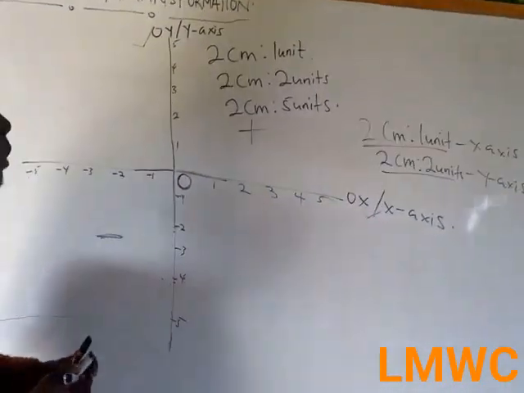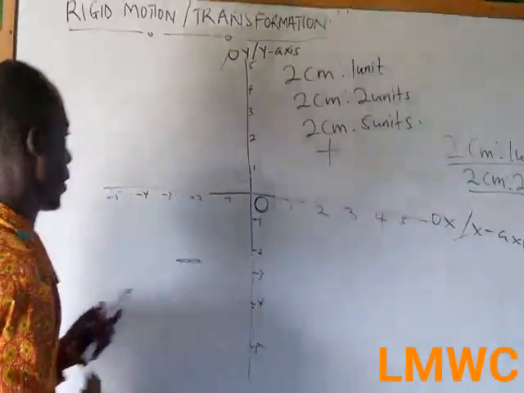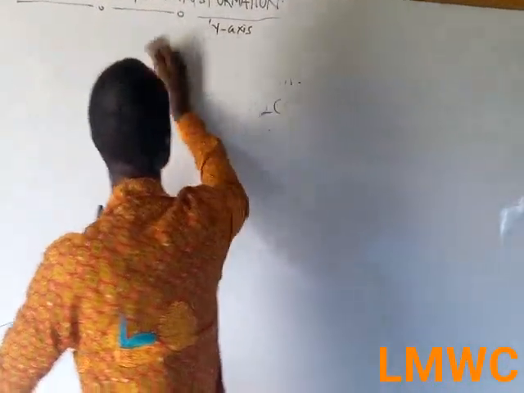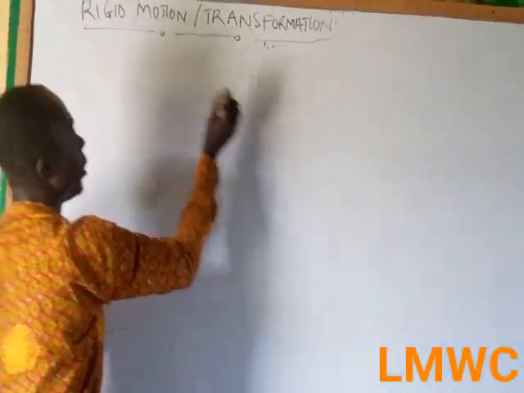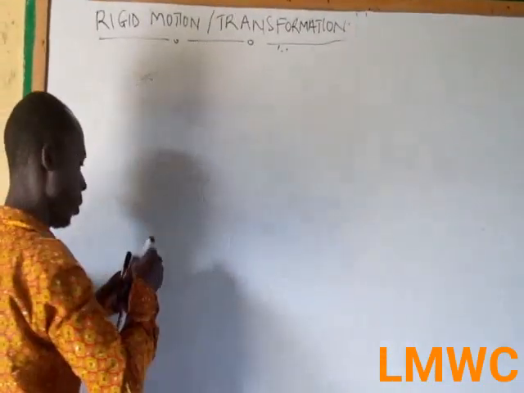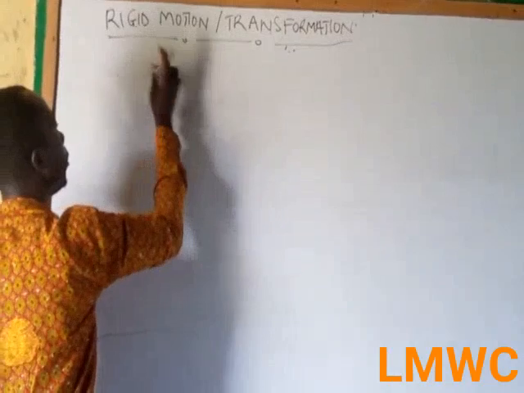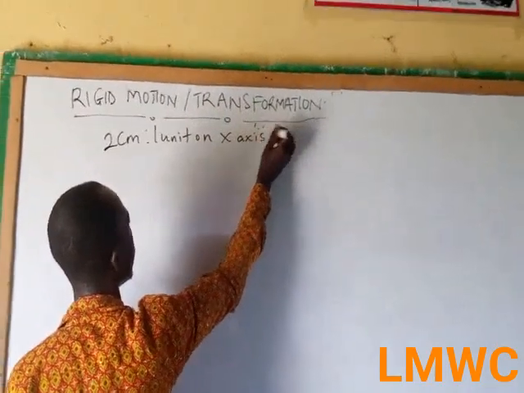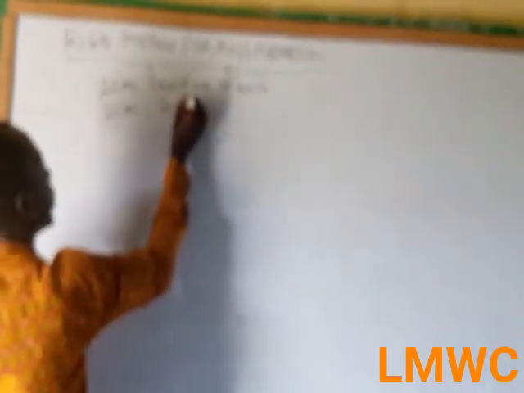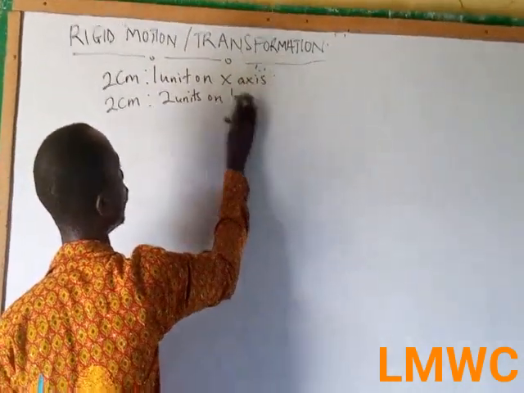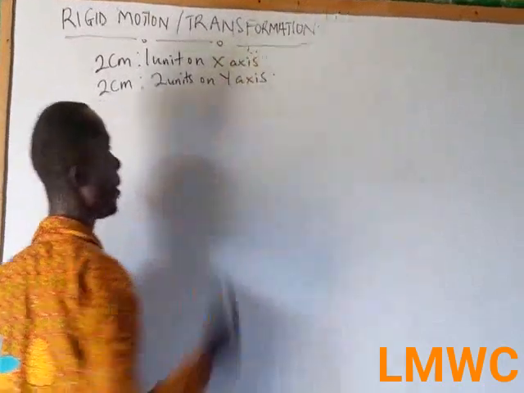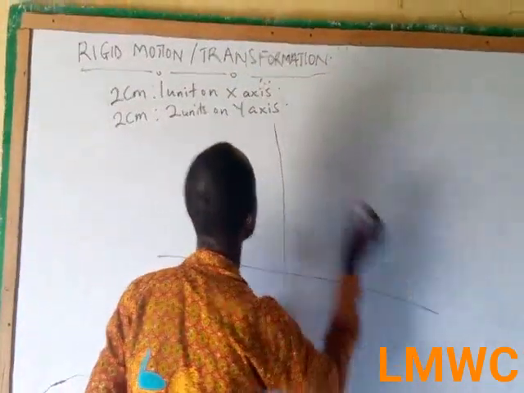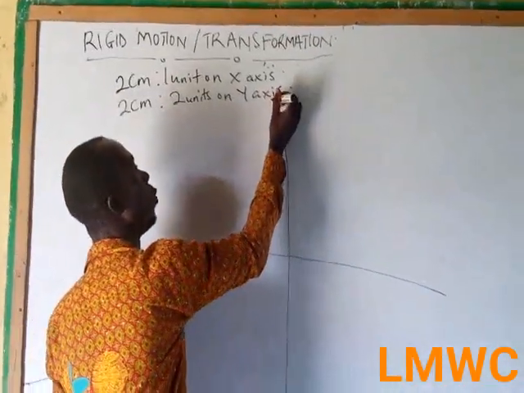If you are given 2 centimeters to 1 unit on the x-axis, and 2 centimeters to 2 units on the y-axis, let's take this.